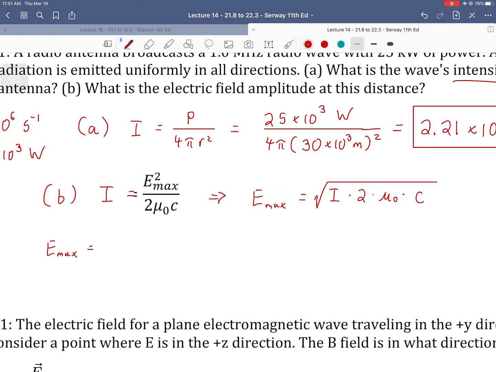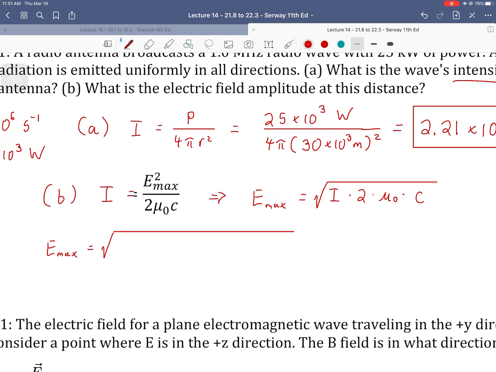Permeability. So there's our speed of light. Should be under the magnetism.